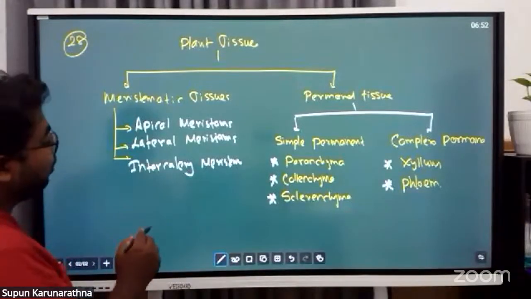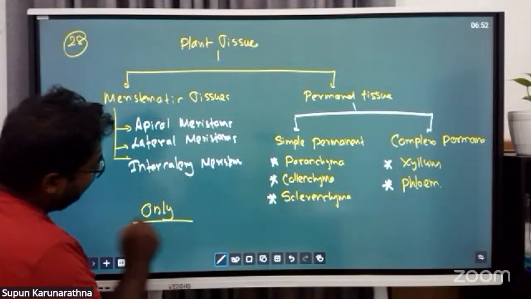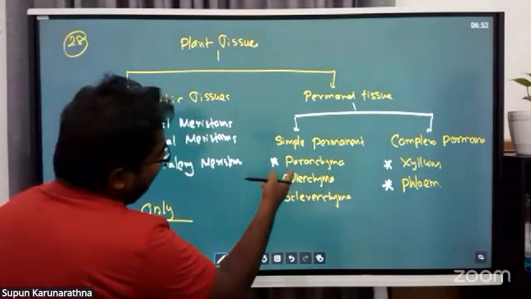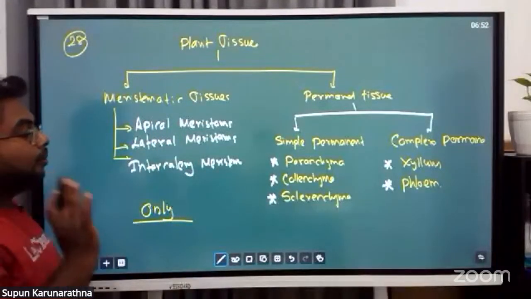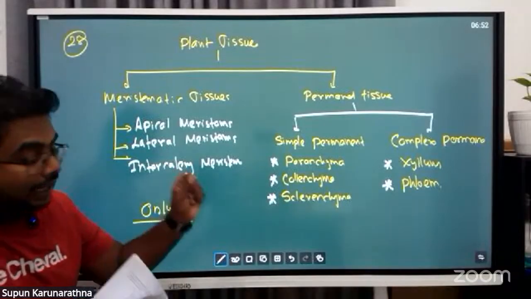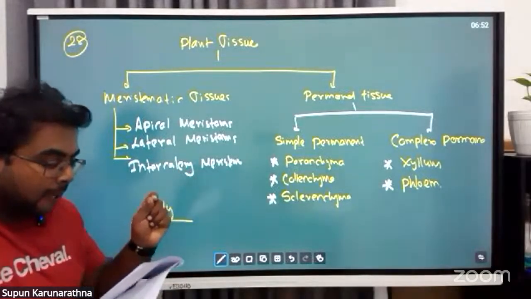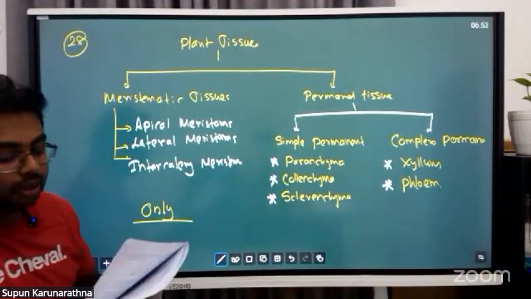The important point is the word only. Is it only? No, parenchyma, collenchyma, and sclerenchyma. Parenchyma and collenchyma are simple permanent tissues, that is correct, but because it says only, the first statement should be wrong.